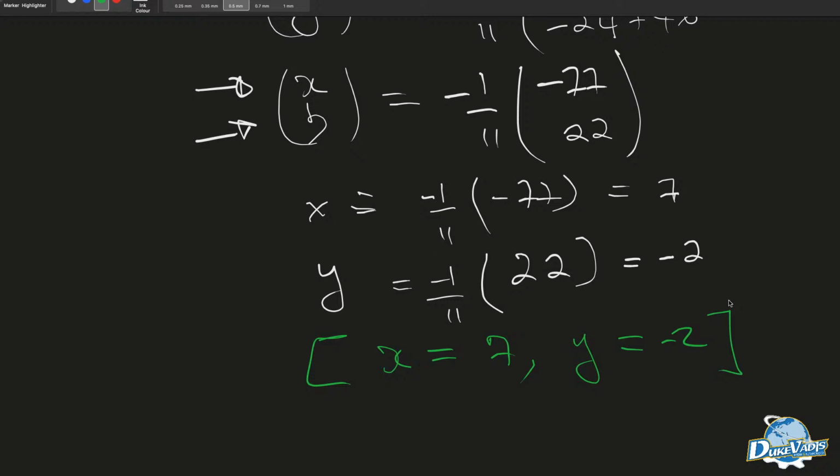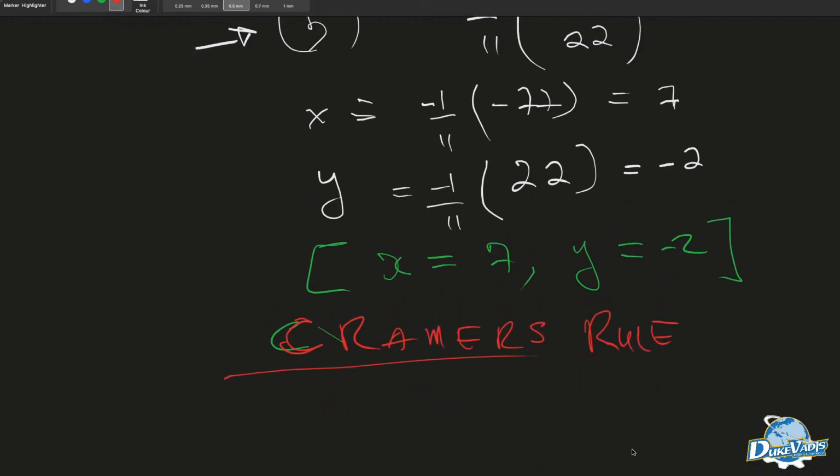Now, let's see whether students are right if they prefer using Cramer's rule instead of all the methods we've talked about so far. What is Cramer's rule?